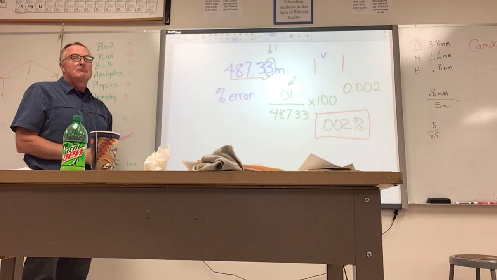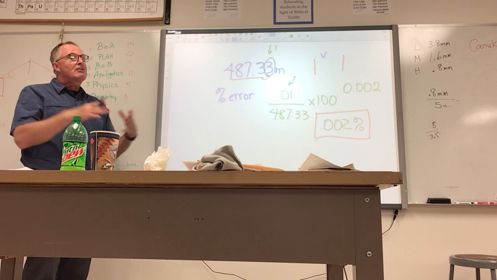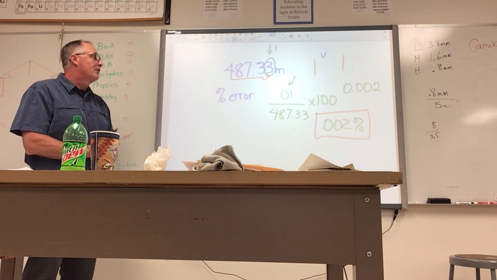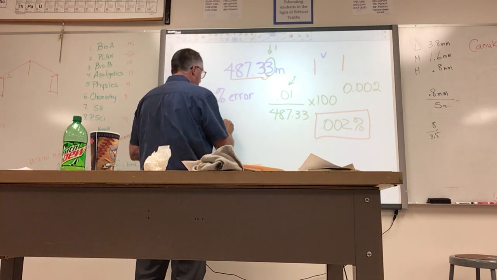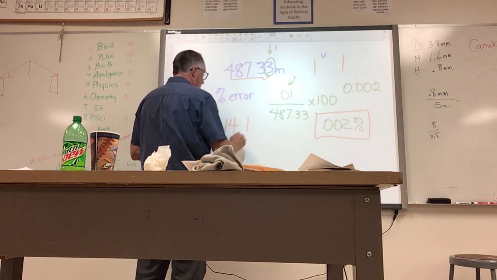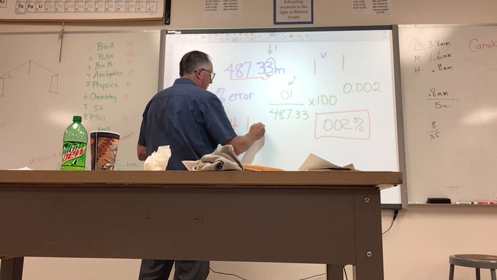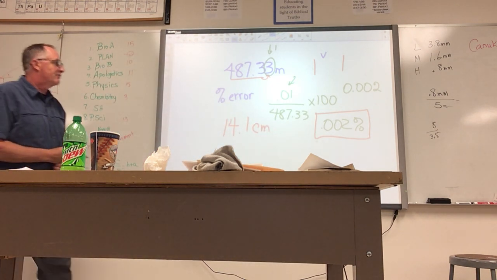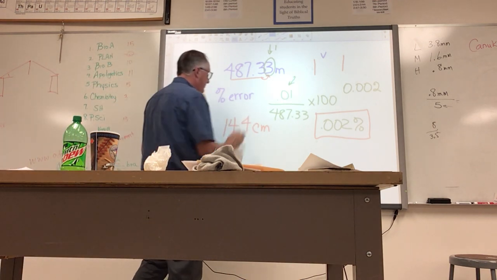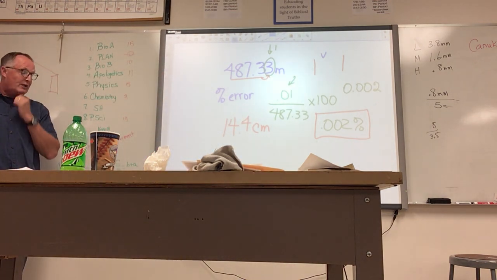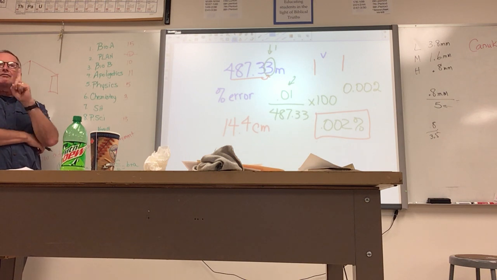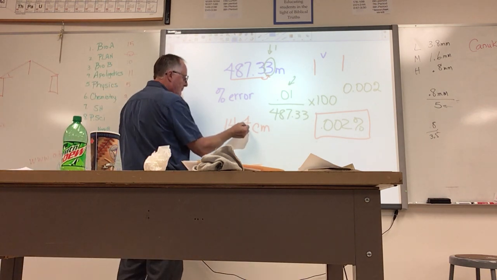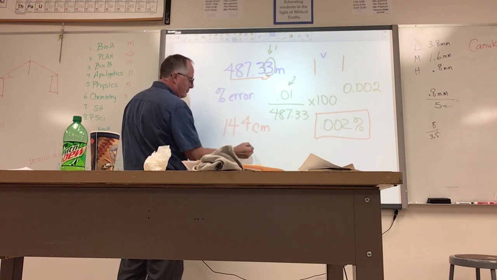Now again, the better the instrument and the larger the measurement, the error is going to be smaller. If we did something that was 14.4 centimeters, because otherwise somebody's going to get confused at why I use the 1. Now I get one of the smallest one, so it'll be 0.1.